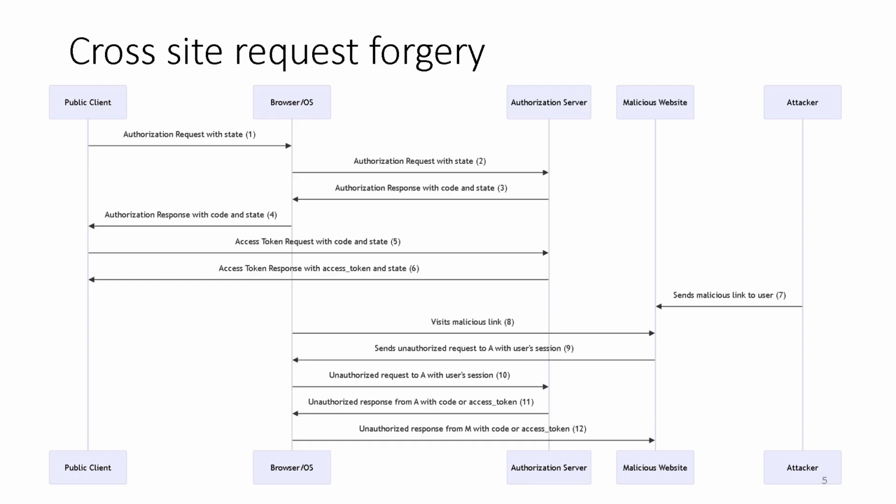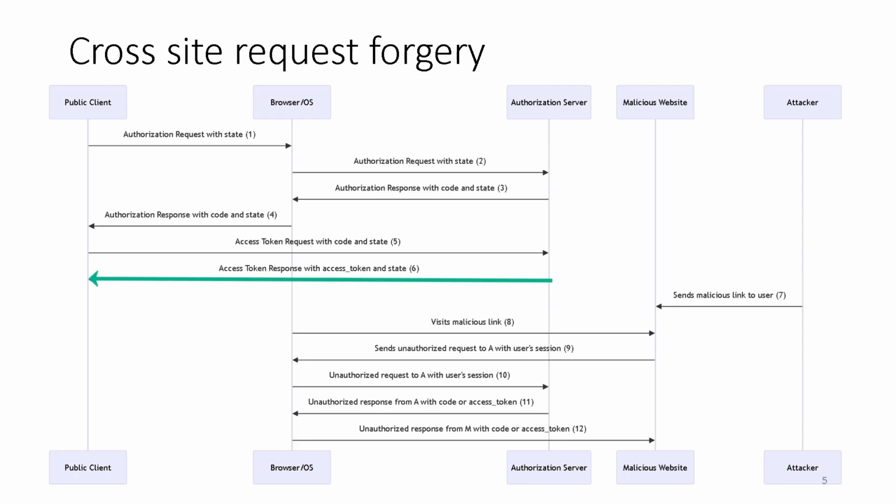The public client sends an access token request to the authorization server, including the authorization code and the same state value. The authorization server validates the state value and the authorization code and responds with an access token and the same state value to the public client.